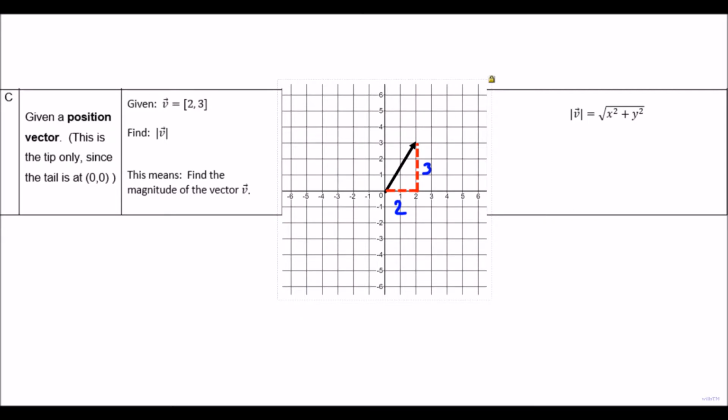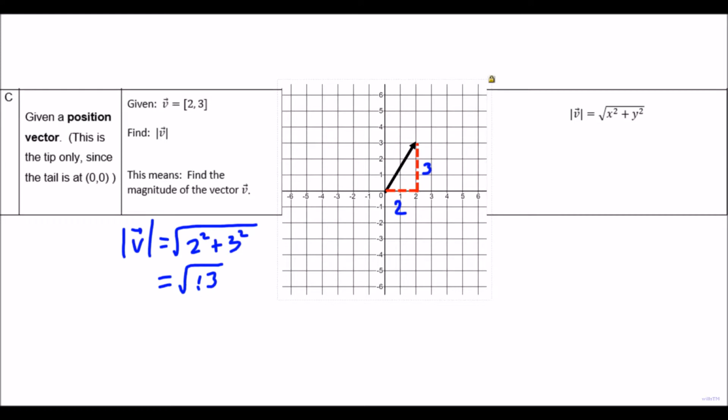So 2 squared plus 3 squared equals the magnitude of v squared, so the magnitude of v is the square root of 4 plus 9, which is the square root of 13. So using the Pythagorean theorem, I got that.